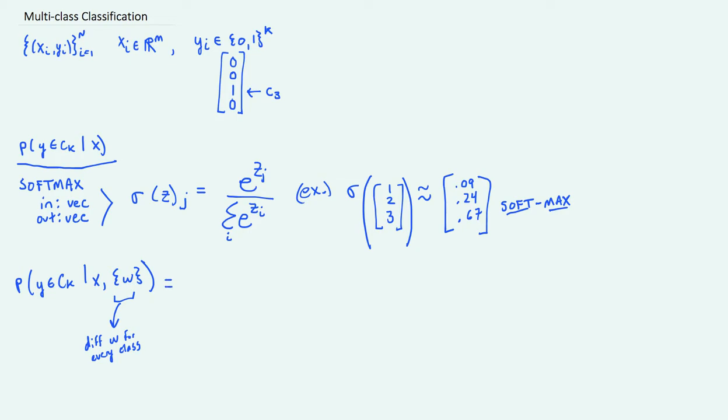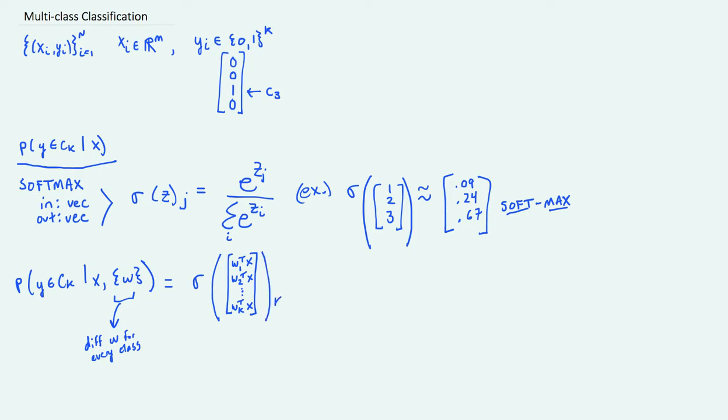That's going to be equal to the softmax of a linear combination of all the weight vectors with our input point, W_2 transpose x. We're just going to take all the dot products, and whichever one magnifies x the most, that's going to give us a high probability of x being in that class.